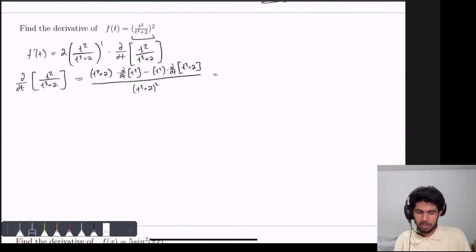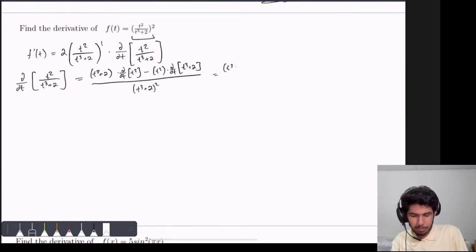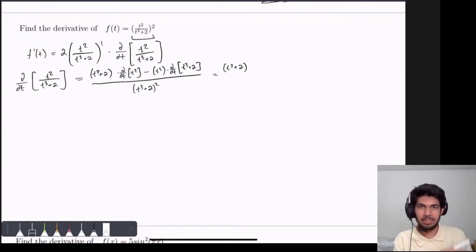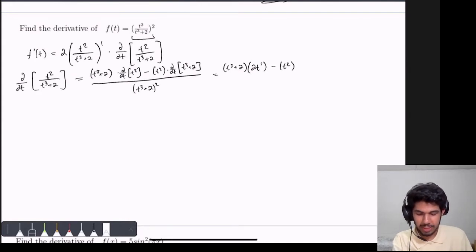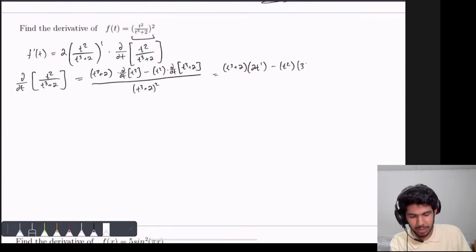So let's simplify the numerator. t cubed plus 2, derivative of t squared, that's just the power rule. Drop down the power, and then lower the exponent by 1, minus t squared times the derivative of t cubed plus 2. So the derivative distributes to each. Derivative of t cubed, power rule again, that's 3t squared.